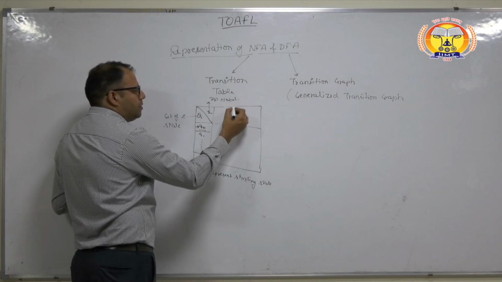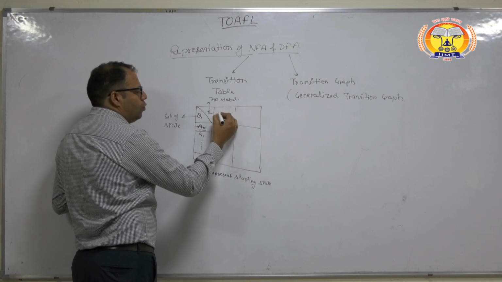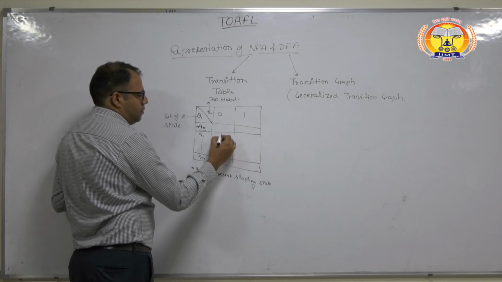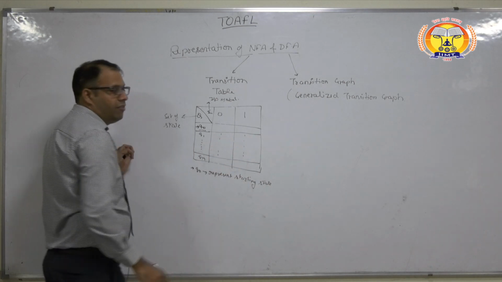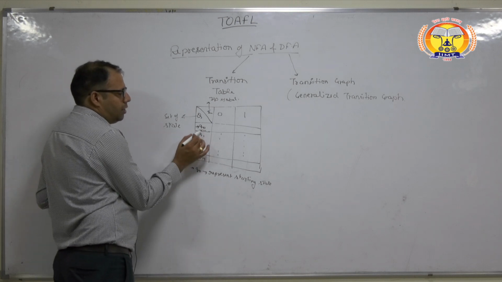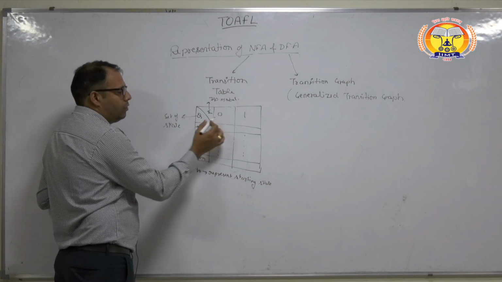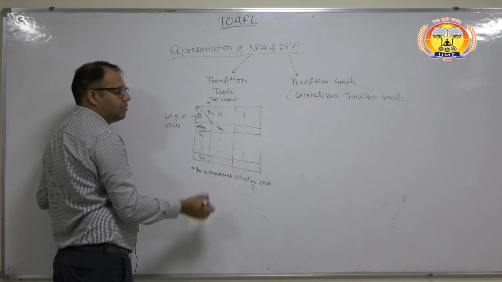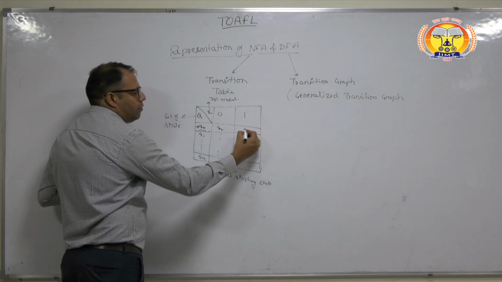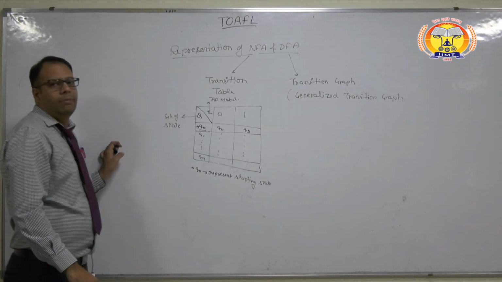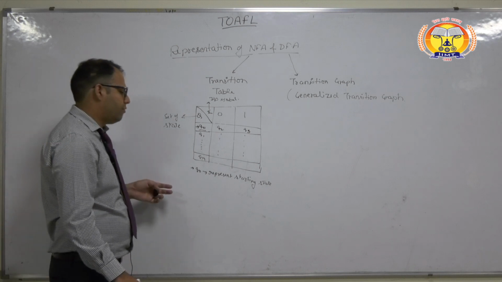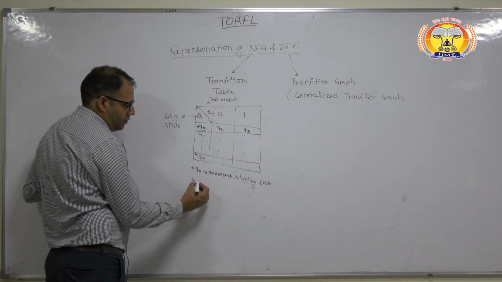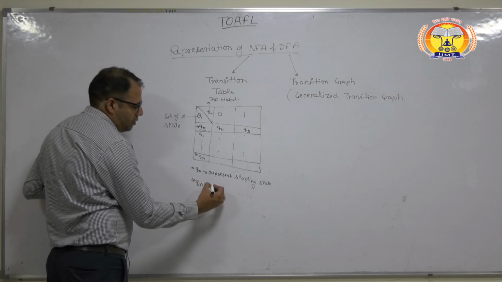Then the input symbols like 0, 1 and so on. Here we get the next state when we give an input: the current state is Q0, we give a particular input symbol on Q0, and it moves to Q2, Q3 or another state. In the same way, we design the transition table for a generalized transition graph. And for the final state we put a star, like Qn. This one is known as the last state.